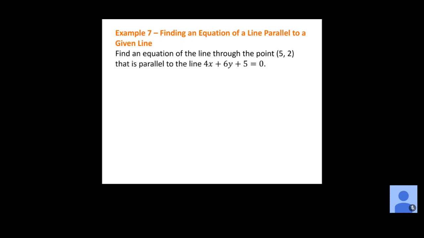What's the first thing we're going to want to do here? We need the slope of that equation so that we can use the same slope for the parallel line. How are we going to find the slope of that one? Solve for y. Good. Get it in slope-intercept form, then we'll have our slope.